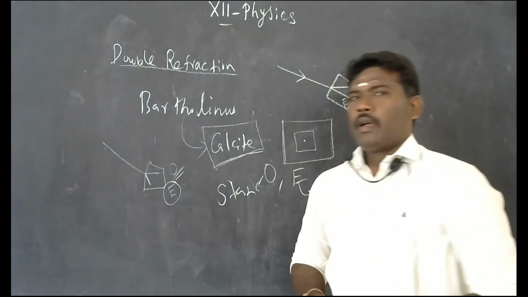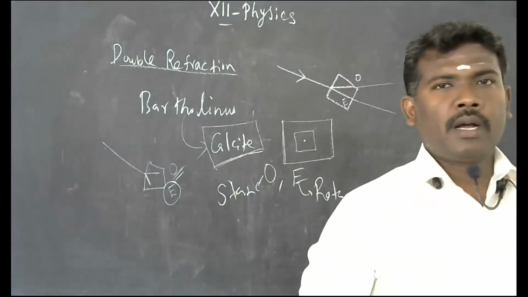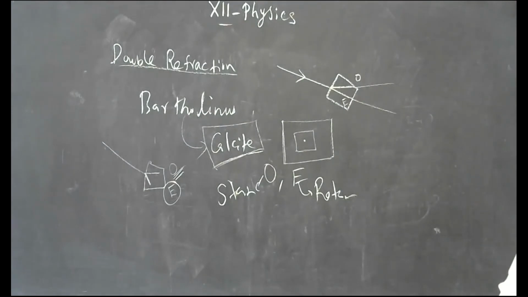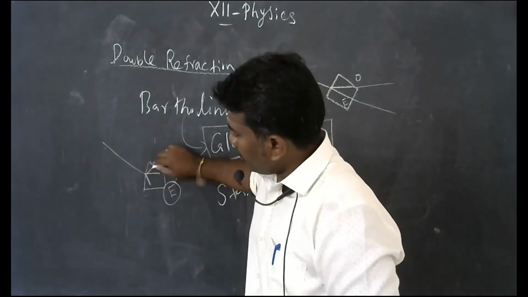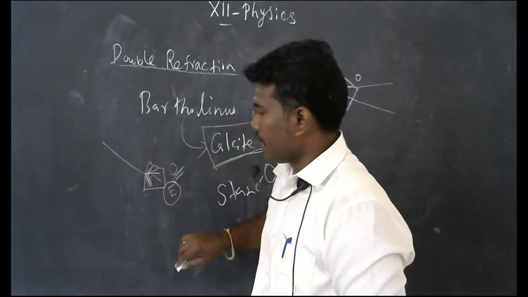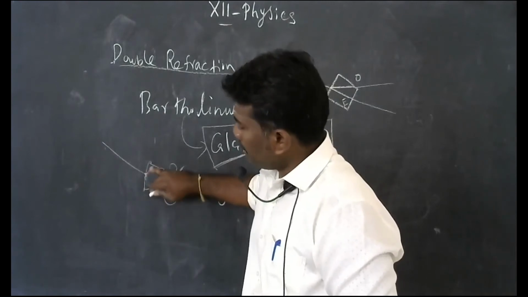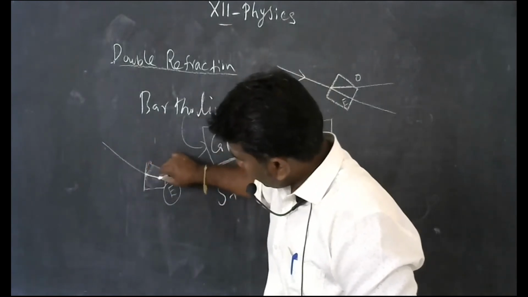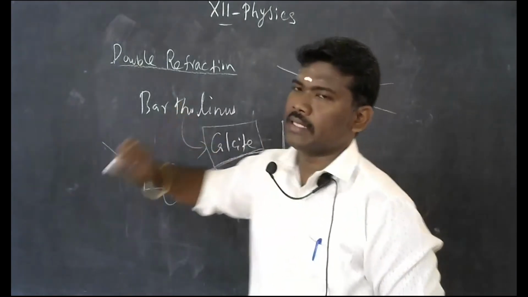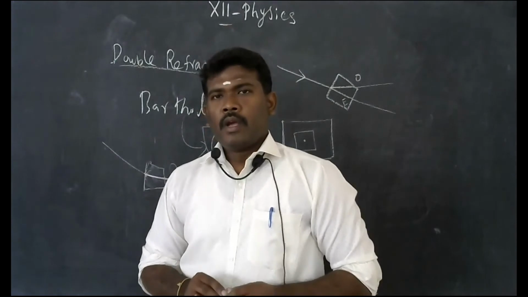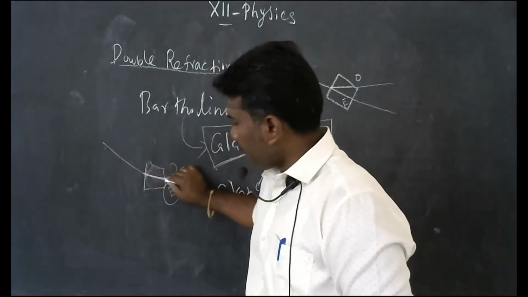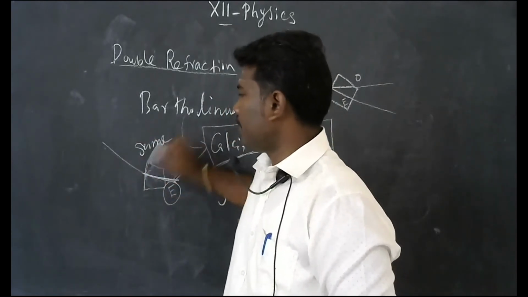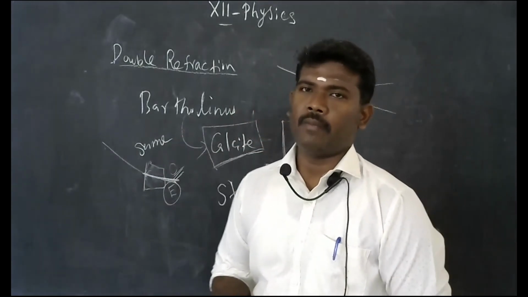And the third one: inside the crystal, at a particular axis, in a particular direction, the ordinary light ray and the extraordinary light ray travel in the same direction. They can travel in all directions, but in only one place or any two places, the ordinary and extraordinary light rays travel in the same direction. If both rays are traveling in the same direction, at that particular axis they have the same velocity.